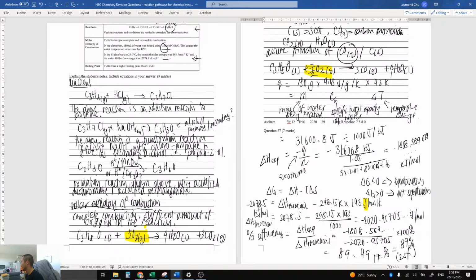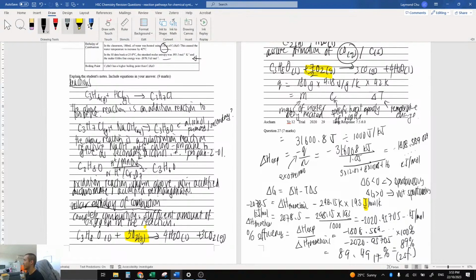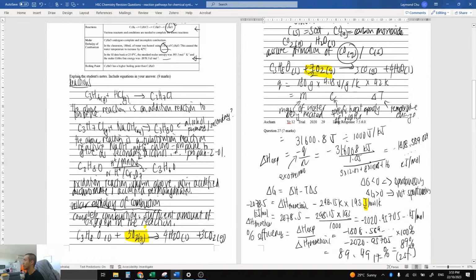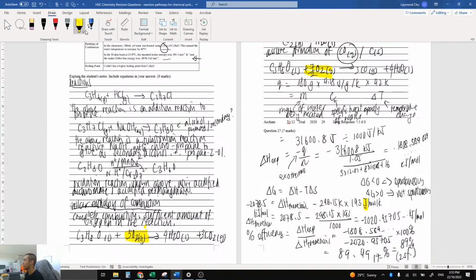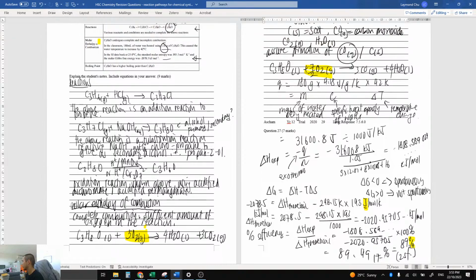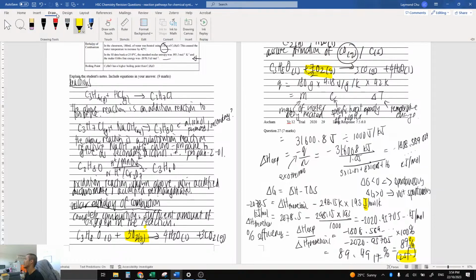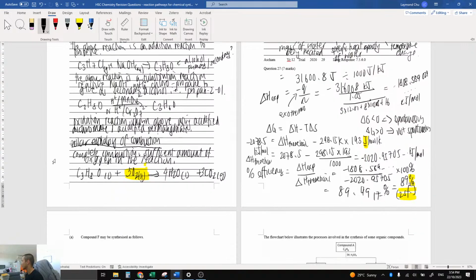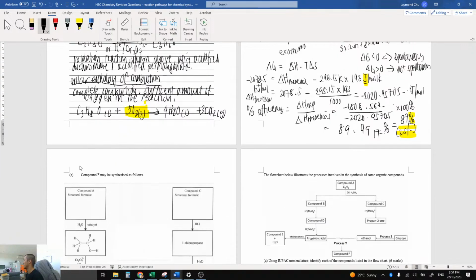Again, two things to note: always end your answer with the units and also the number of sig figs you've used, just to denote to the marker that you haven't overtly increased the accuracy of that number, and also what units we are looking at.